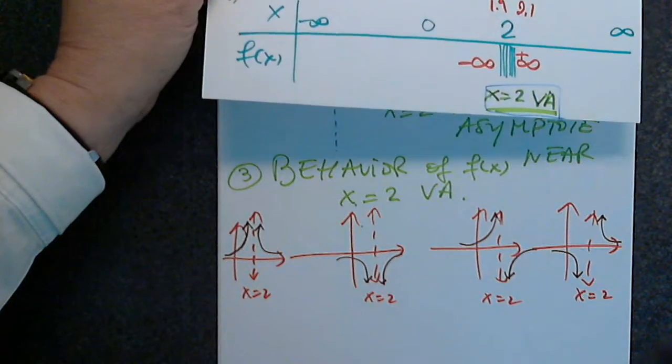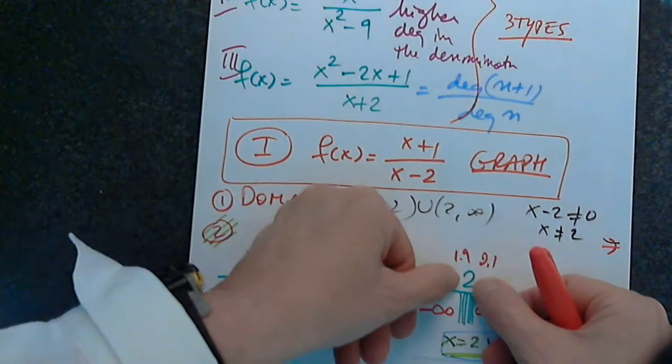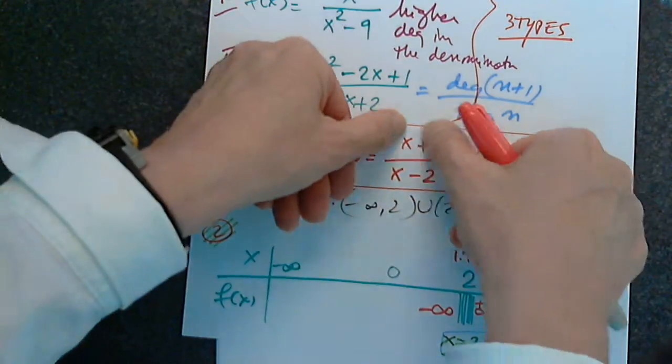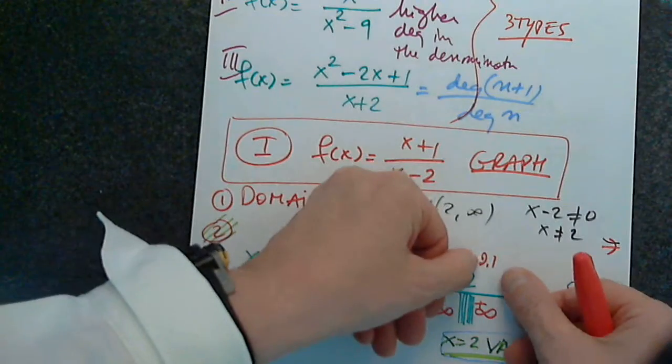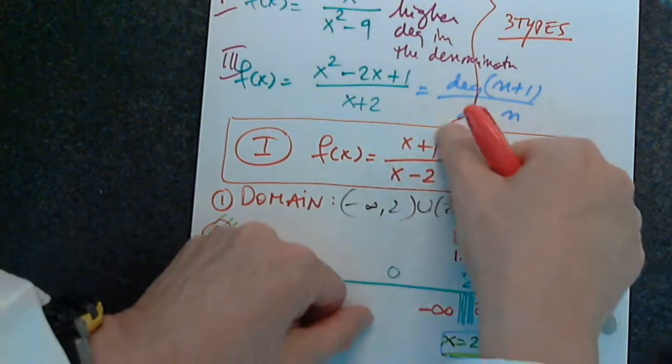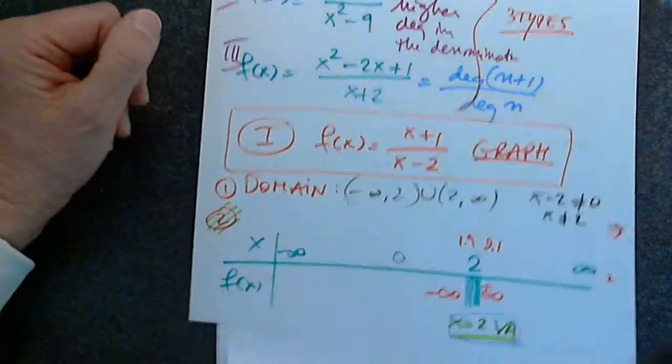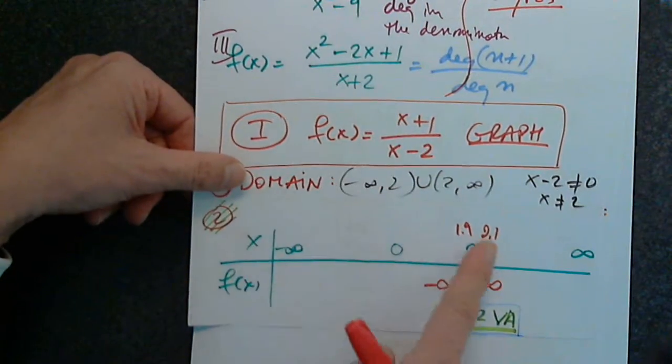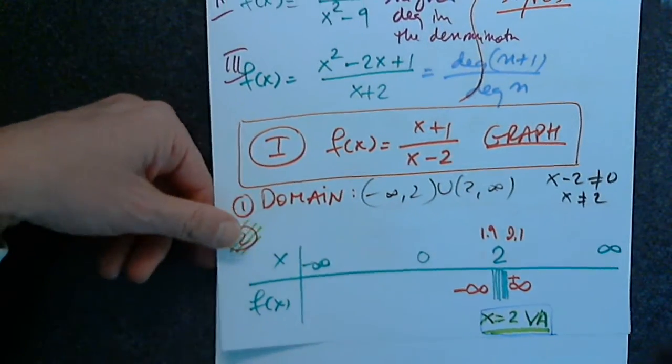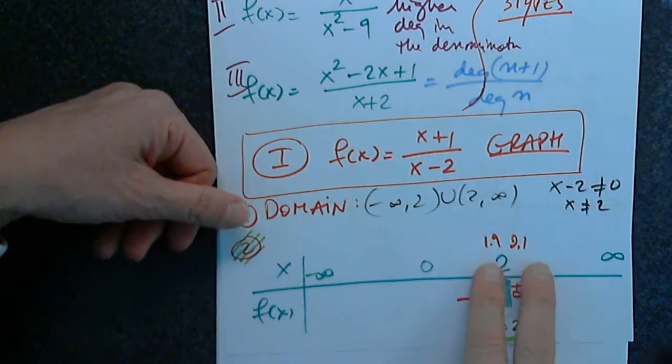I plugged in 1.9 everywhere x is, and later on, I plugged in 2.1 everywhere x is. I cannot plug in 1.9 at the top and 2.1 at the bottom.